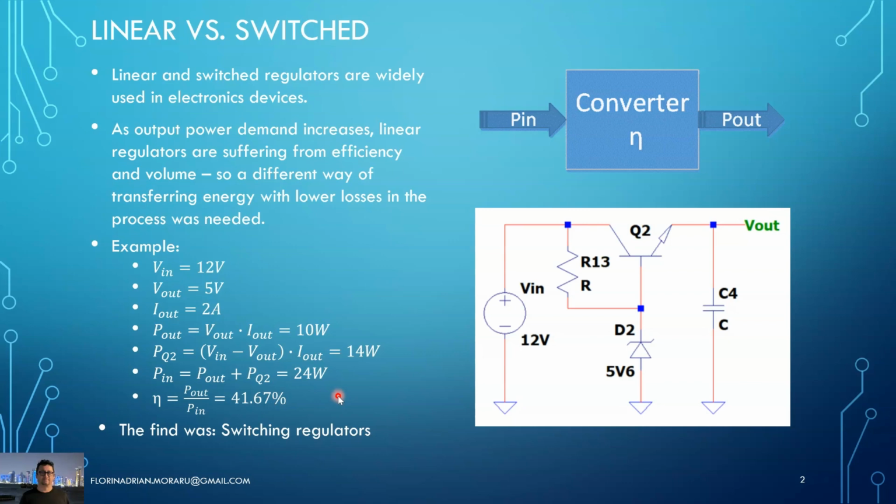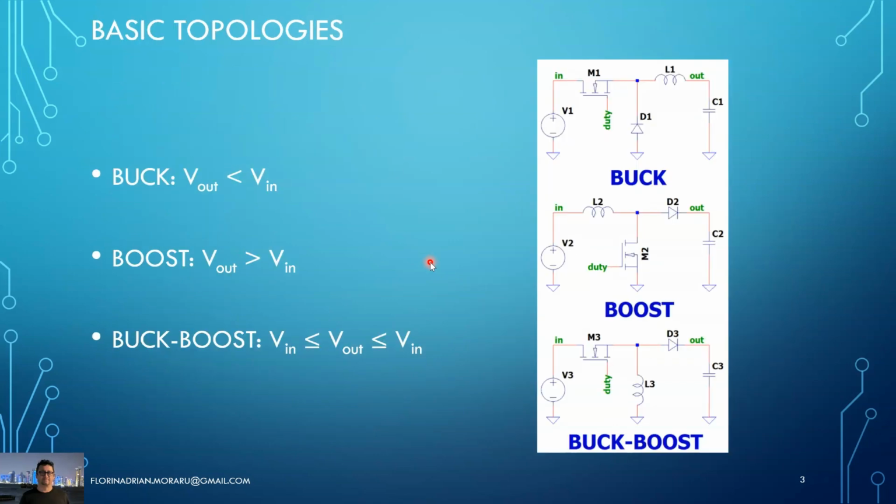A more efficient way was needed to transfer the energy to match the different voltage levels. There is another point related to the volume and in the end the cost, but the efficiency was the driving force, to say it like this.